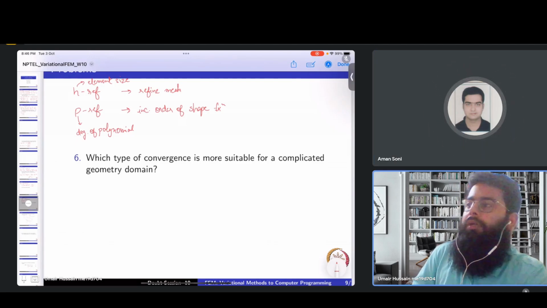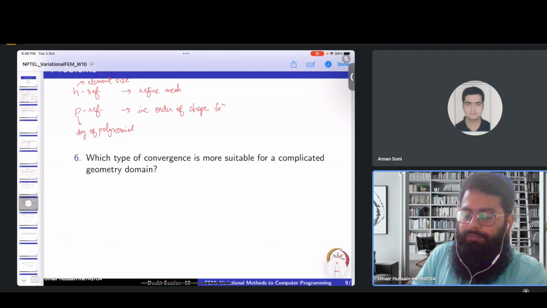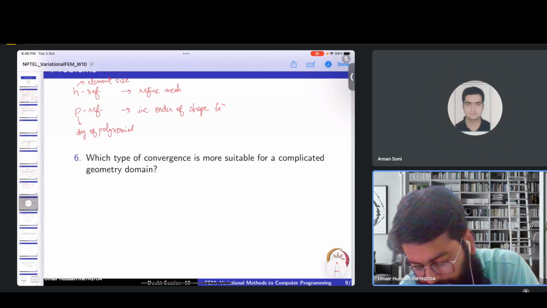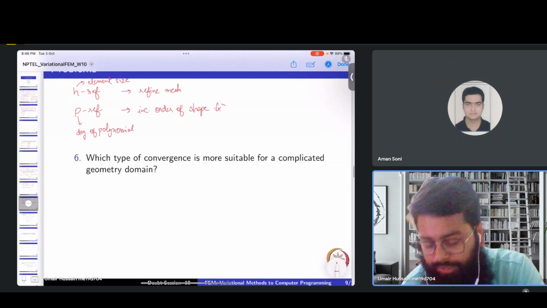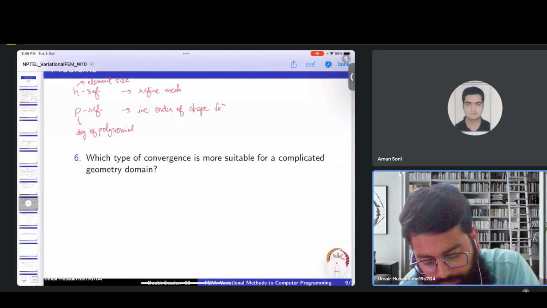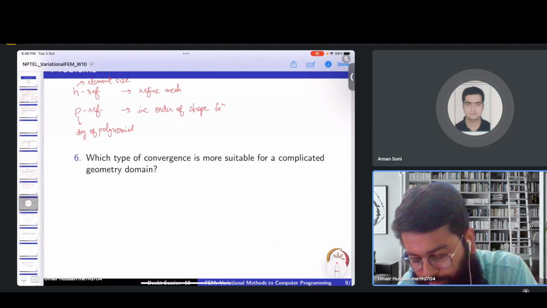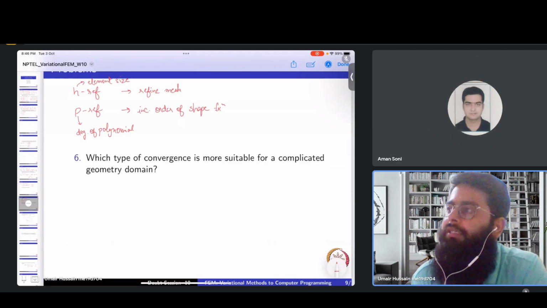So when the geometry is complicated, particularly in 2D and 3D FEM problems, the main issue is the inability of our standard element shapes to cover that complicated geometry. So refining the mesh is a good choice.